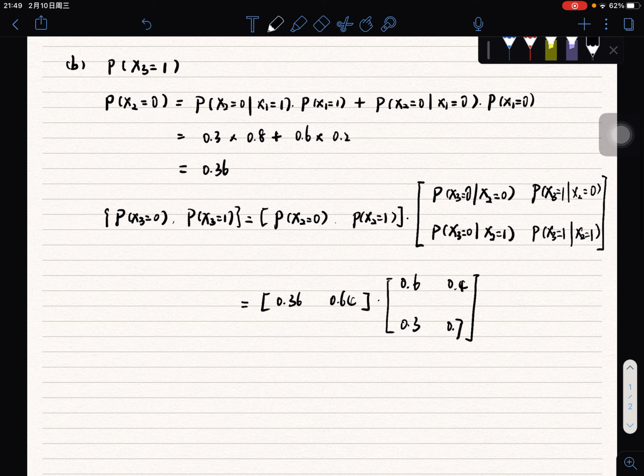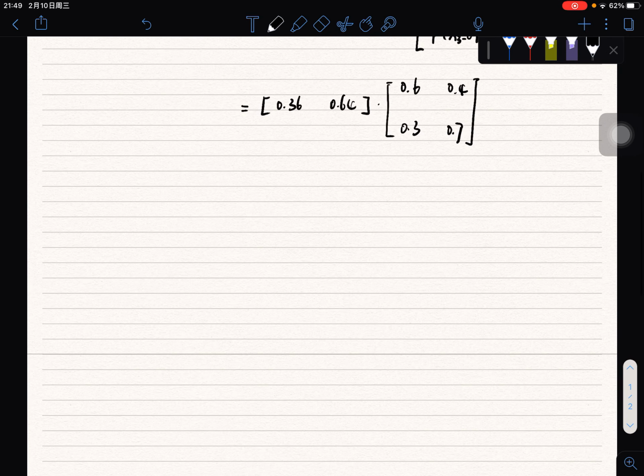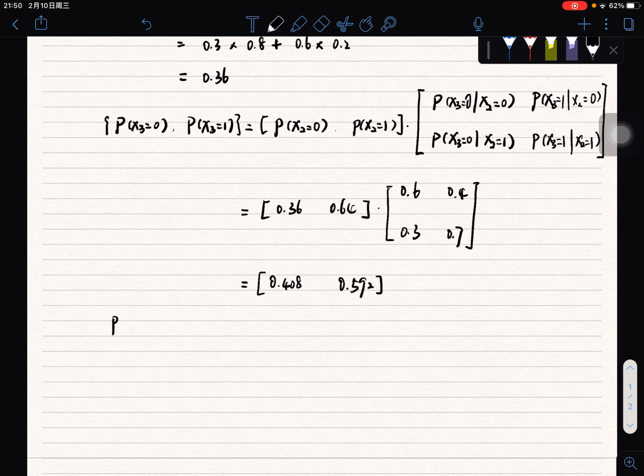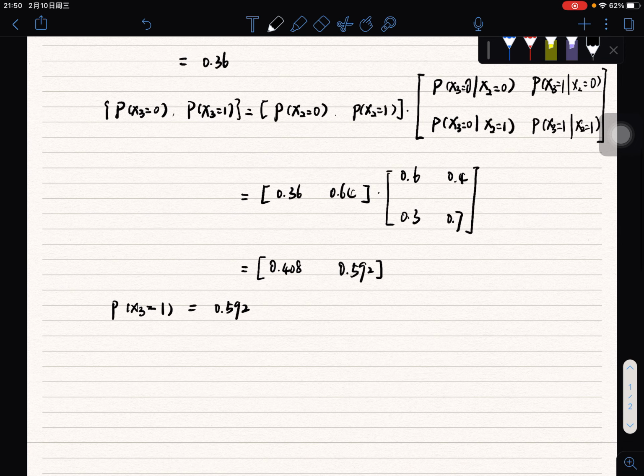We can find the matrix numbers from the problem, and then we will get the answer 0.408, 0.592, and then we get the probability of x3 equals 1 will be 0.592.